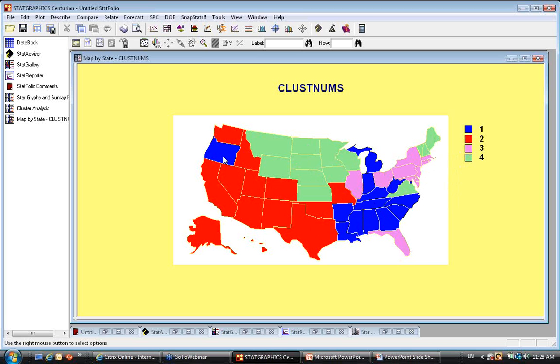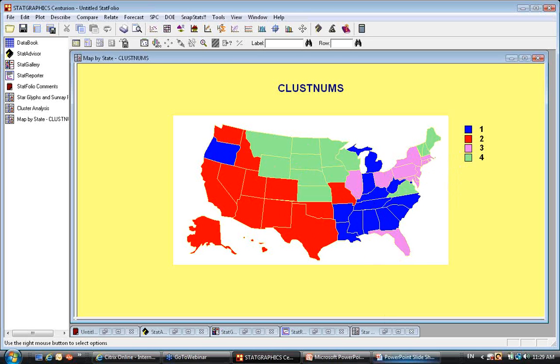Actually, at least in the data I was looking at, Oregon and Indiana, this state right here, had the highest percent manufacturing. So the cluster analysis, when it did the grouping based upon my 12 demographics, actually assigned Oregon to the group that contains mostly the manufacturing states in the Midwest and also down there, the southeastern states.